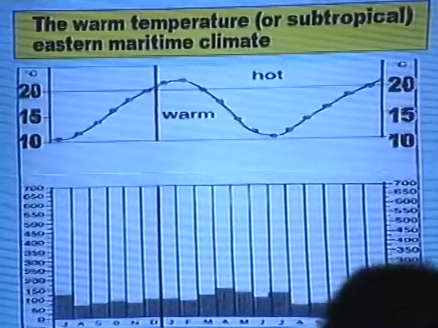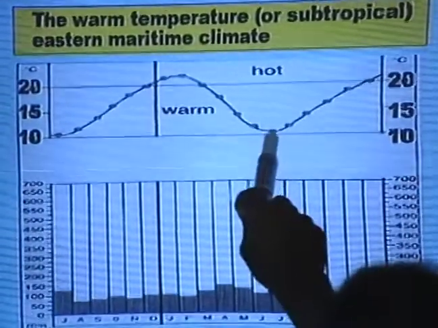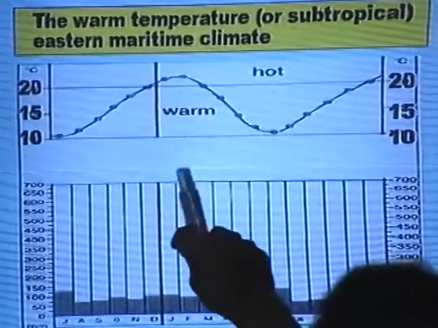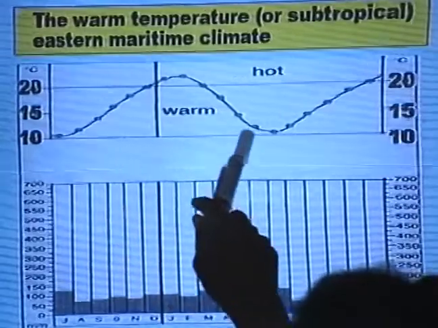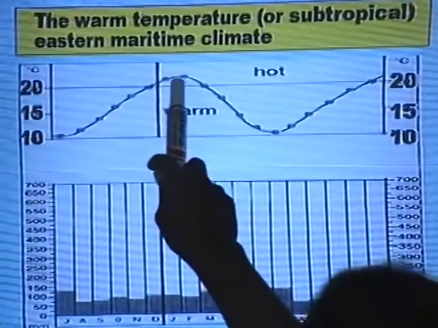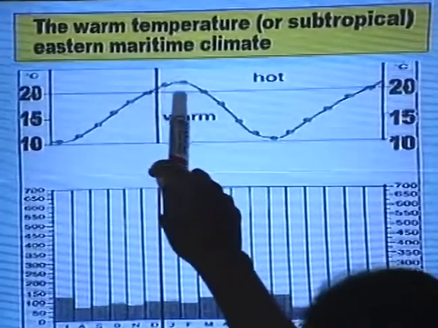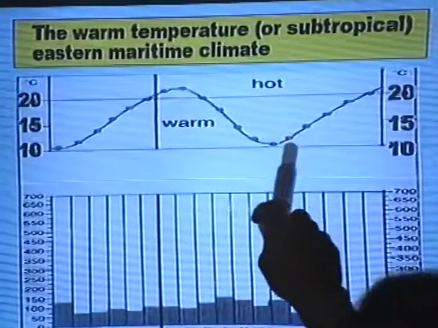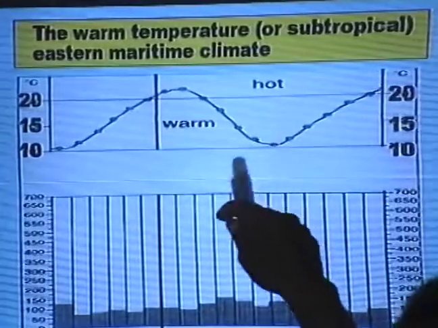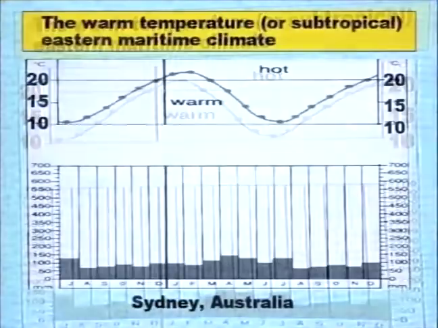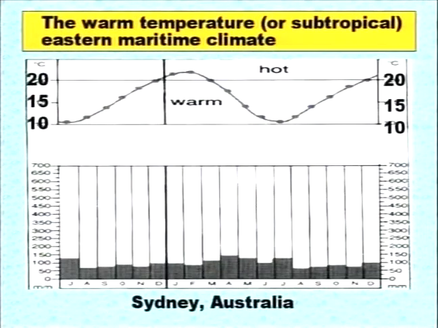Because Sydney is in the southern hemisphere, we have a dip in the temperature of this particular area. Note, temperatures range from about 10 to 21 or 22 degrees. So temperatures are not as hot as we would expect in the tropical regions. We are in the temperate regions, so the temperatures now are warm to cool for this type of climatic type.